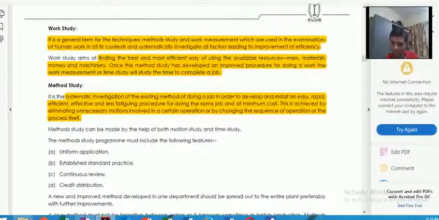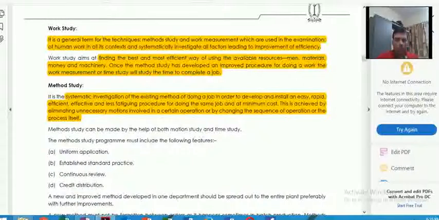In method study we study all these three aspects in a way so that we will improve our method or technique, so that our profits are increased and cost will be minimum. This is nothing but the meaning of method study.